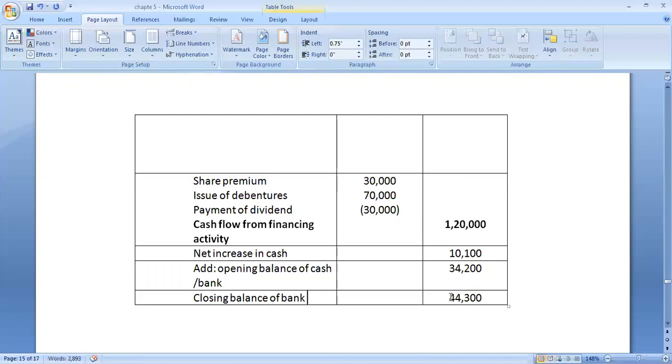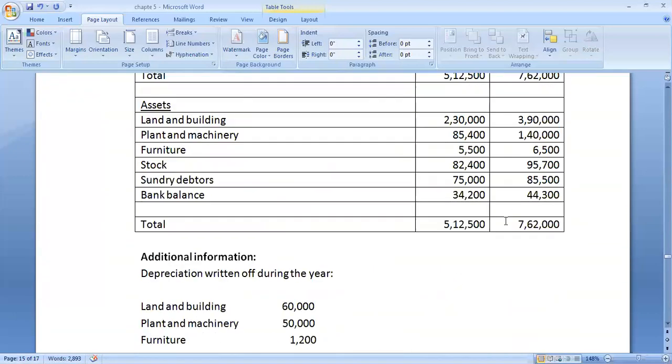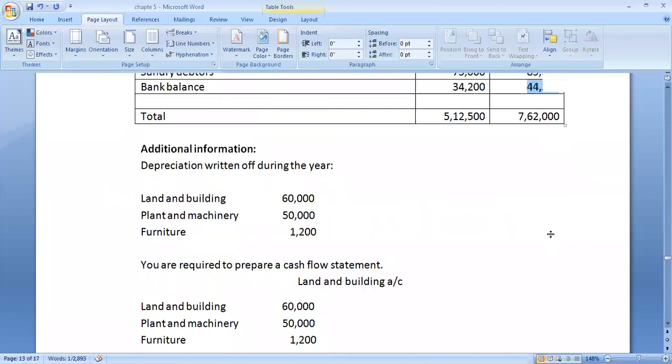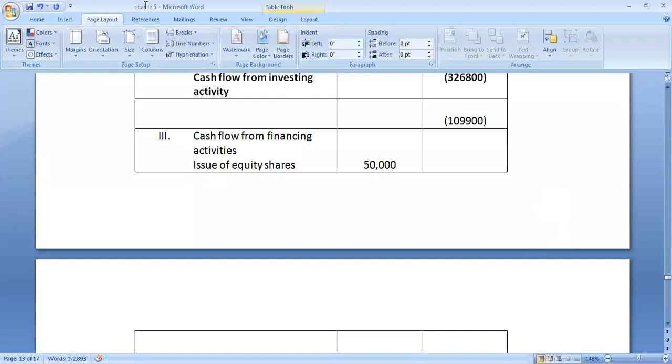So now see this 44,300 you got in the question also. There is 44,300 and 34,200. So we need to compulsorily get this closing value. Okay. This is about your 7.